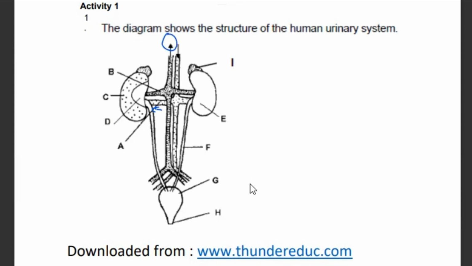And then they're asking, what is G? G is the bladder. And then I is the adrenal gland.